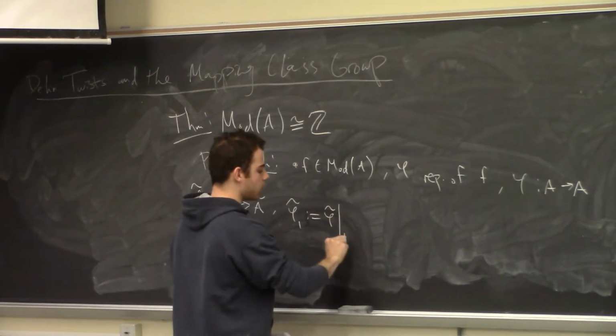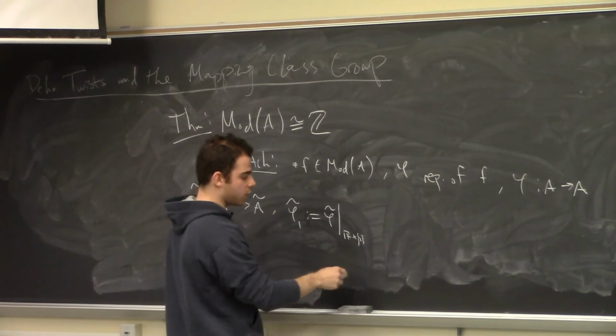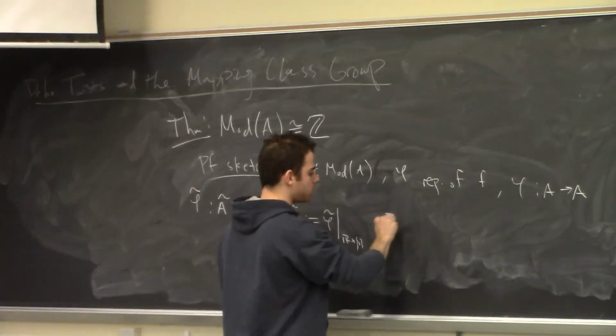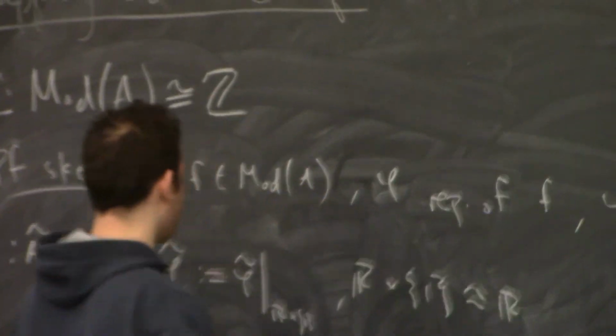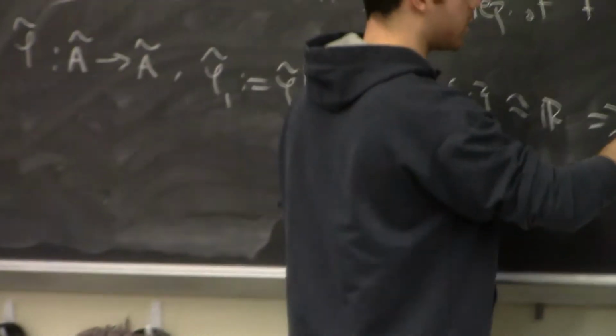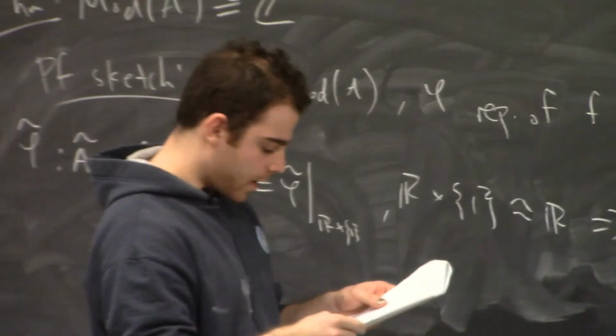this lift restricted to R cross 1. But this R cross 1 is just the same as R. So what you see is that this phi1 is really a map from R to itself.